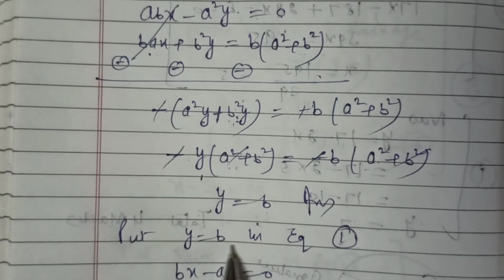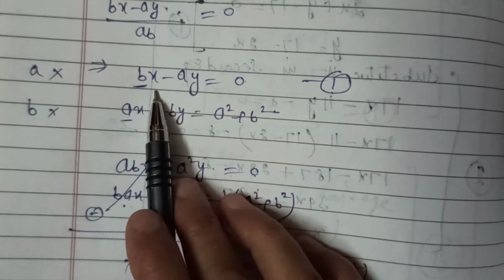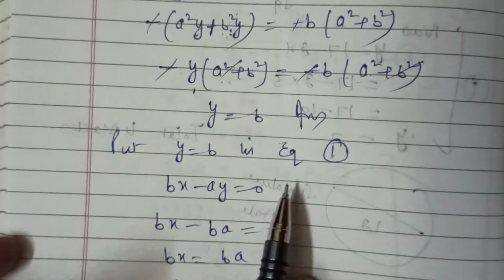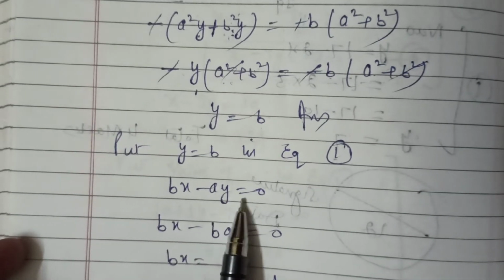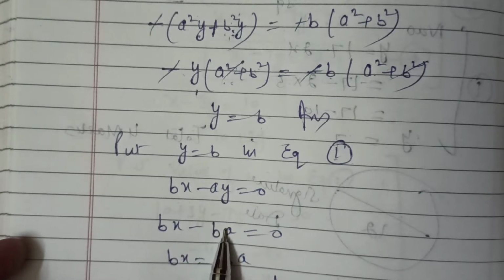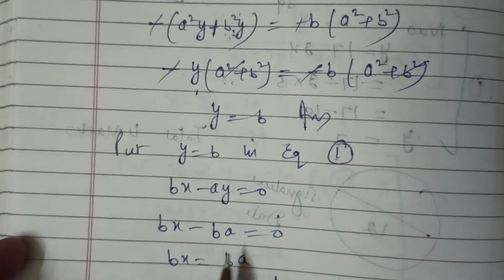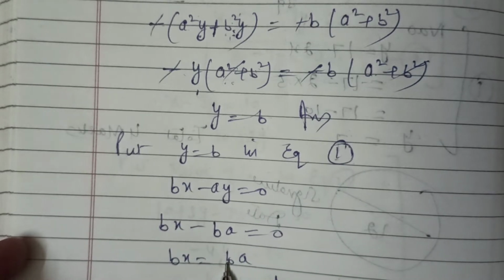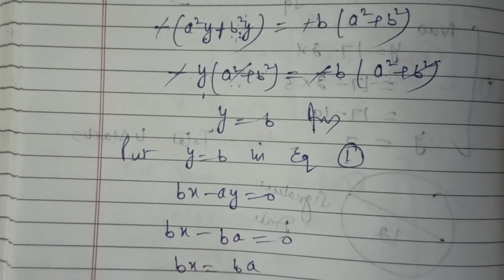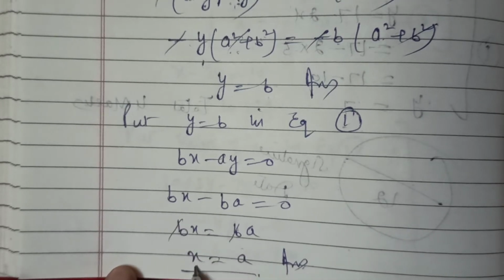Now we put the value of y in equation 1. This equation 1 is bx minus ay is equal to 0. Put here bx minus a, in place of y we put b, equal to 0. bx is equal to ba, and this b and b will cut, x will be equal to a.